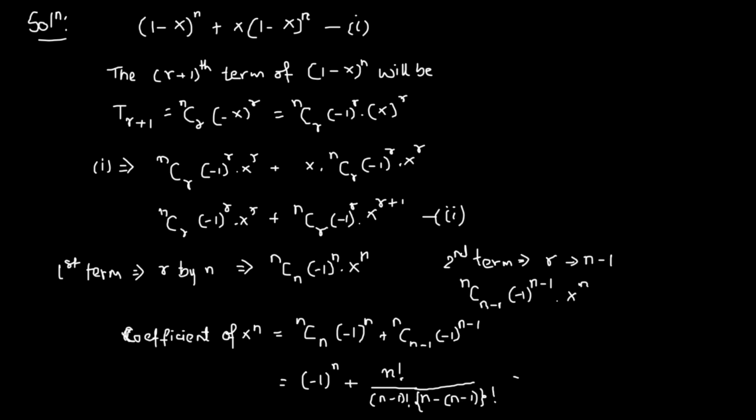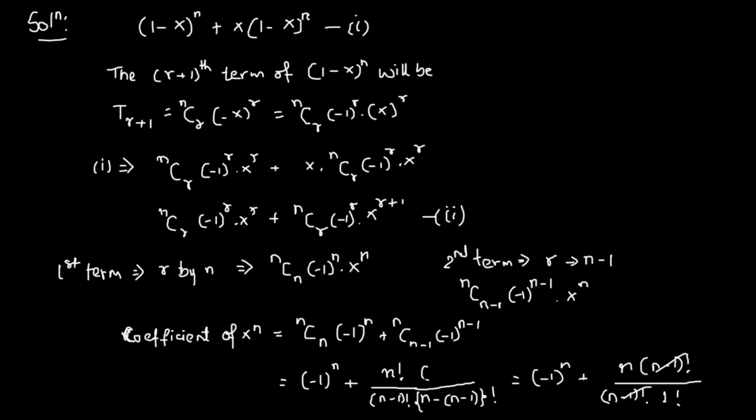So that will give us negative 1 raised to the power of n plus n factorial, which can be written as n times (n minus 1) factorial divided by (n minus 1) factorial times 1 factorial. So we can factor out n minus 1 factorial from both the numerator and the denominator.